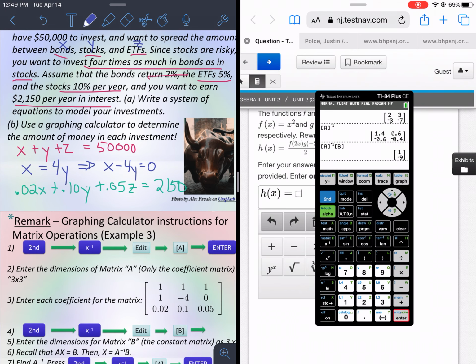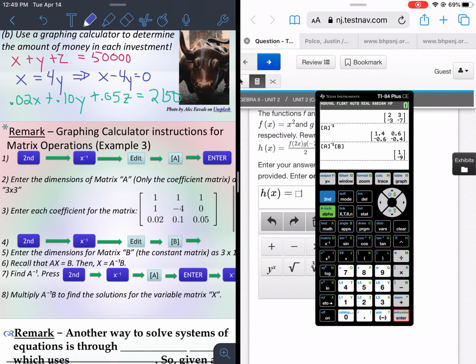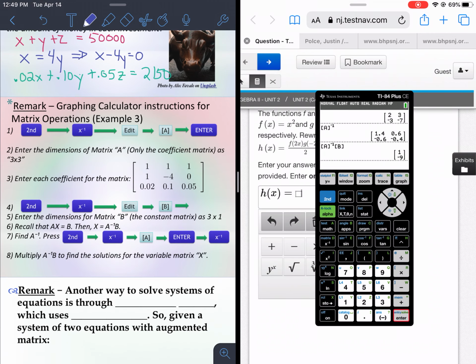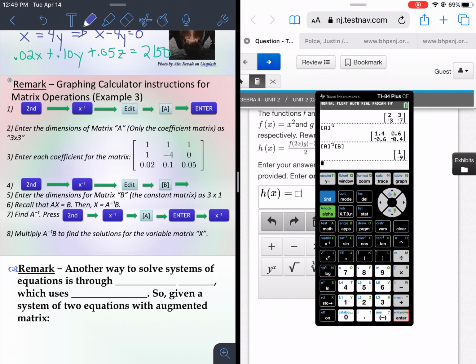Now below, we have written instructions for example 3. Let's press second matrix, scroll to edit, and then we're going to make A. This time, we're going to make it a 3 by 3.